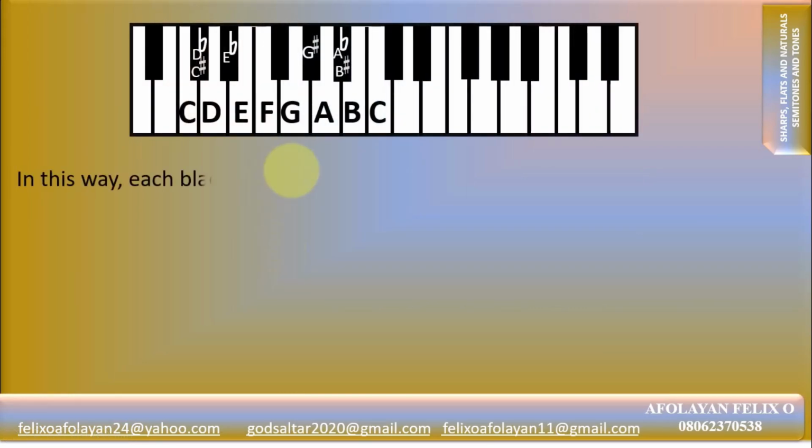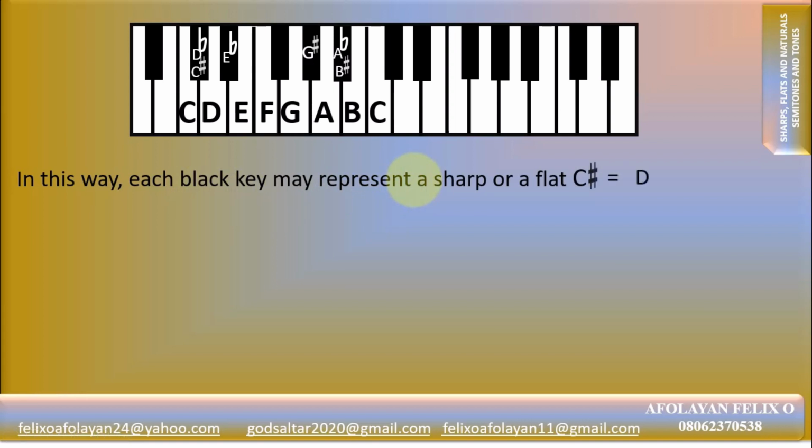In continuation, in this way, each black key may represent a sharp or a flat. As we can see here, C sharp is equal to D flat.